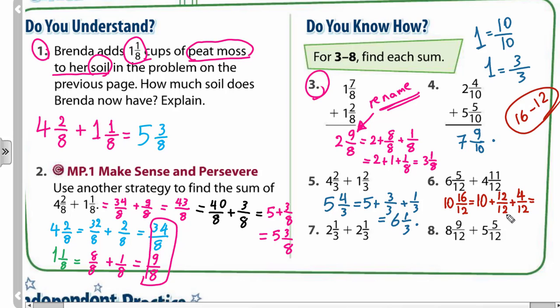Now the 12/12 is a whole one. Add it to the 10. It will be 11 and 4/12. So the final answer, my heroes, is 11 and 4/12. I will write it down here. Okay, thank you, Salman.